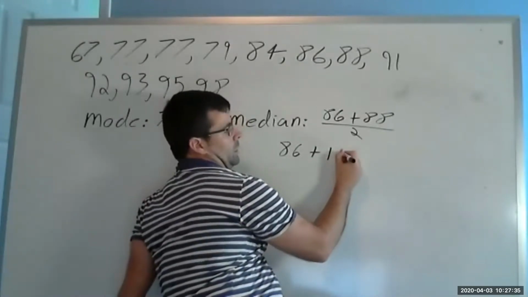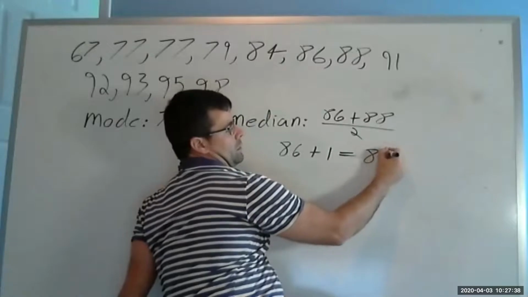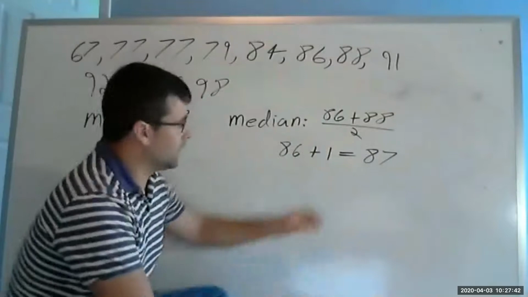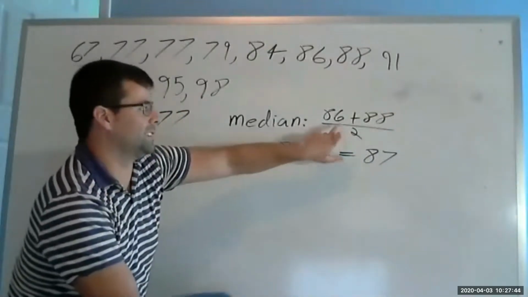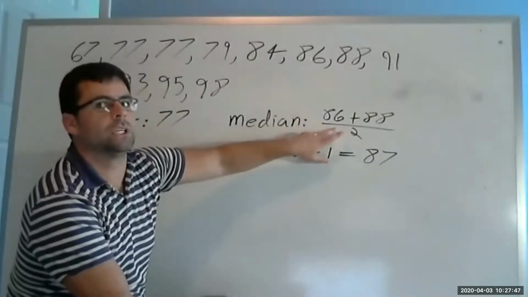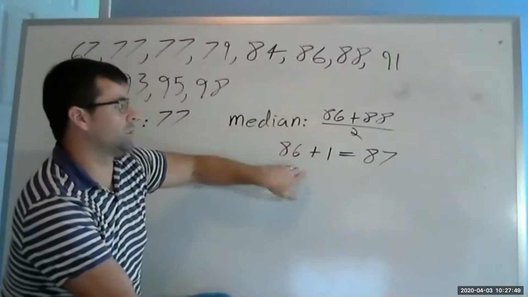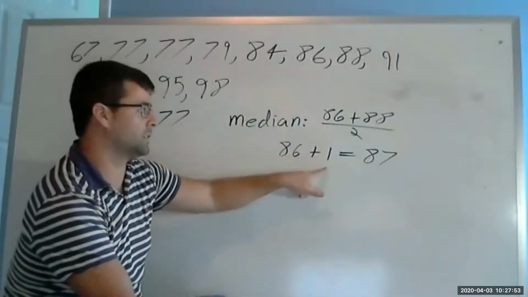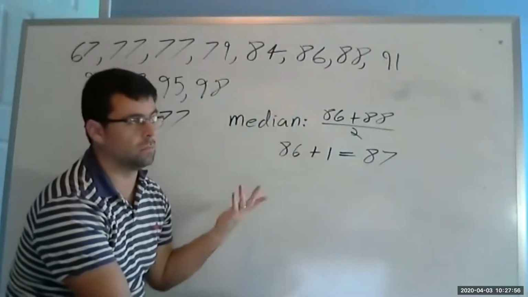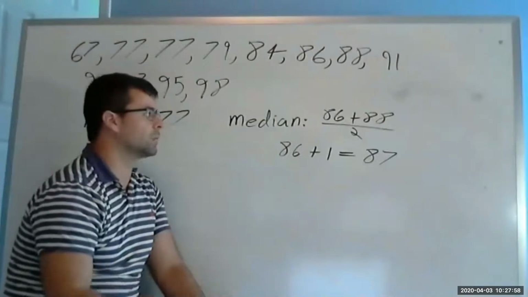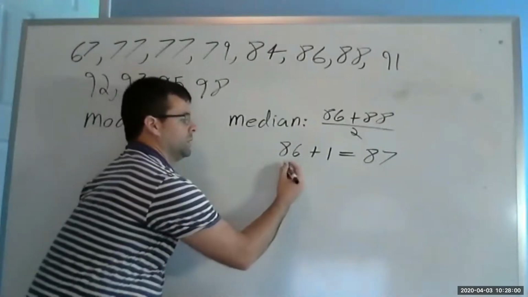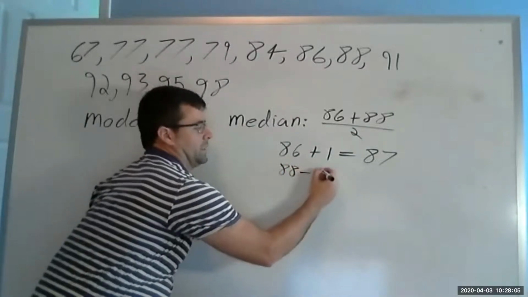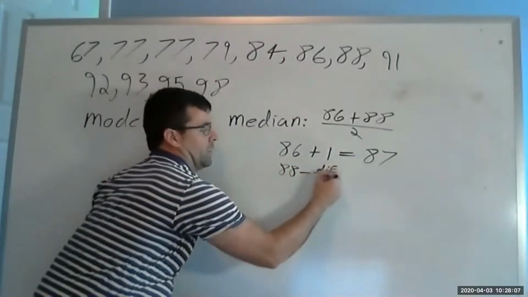Like I said, this is the technical way to write the average, but you can also write the average as the smaller number plus the difference over 2, or, and I don't like subtraction, the other way you can do it is the bigger number minus the difference over 2.